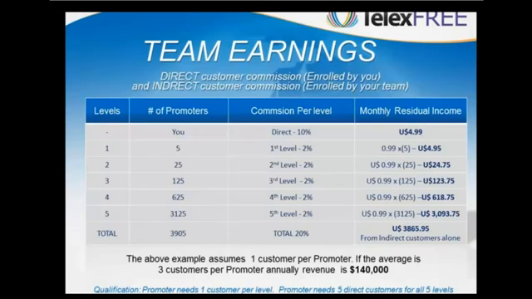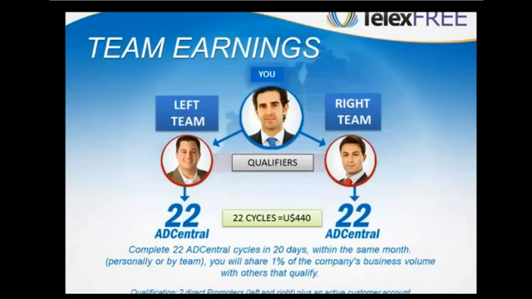Alright, that's going to take us into the final part of this presentation, which covers the additional earning bonuses. The first of the two bonuses is the team cycler bonus, and if you have 22 cycles in one day, and a cycle is an ad central on your left and an ad central on your right, that makes one cycle.